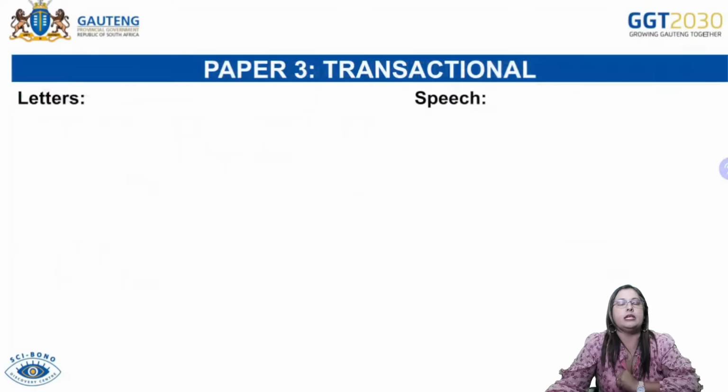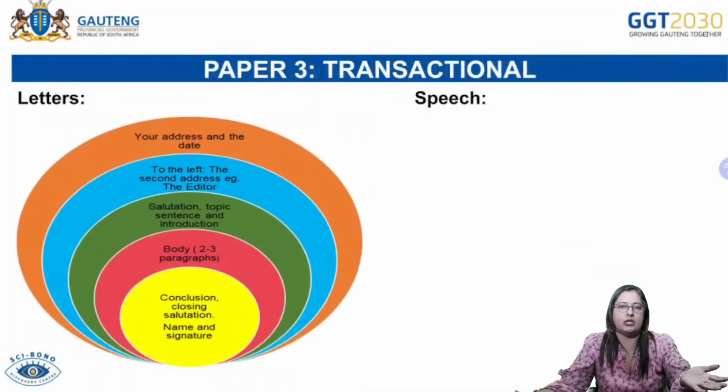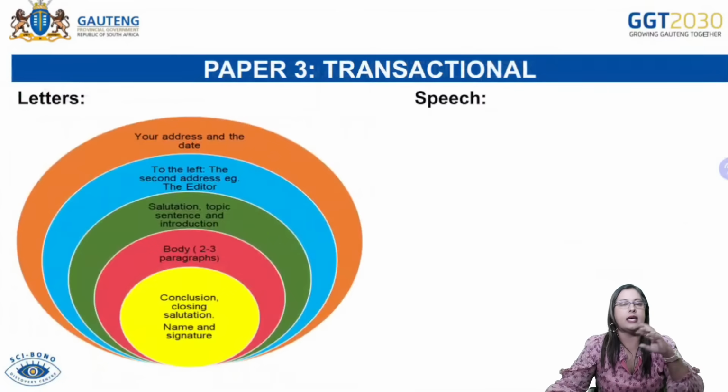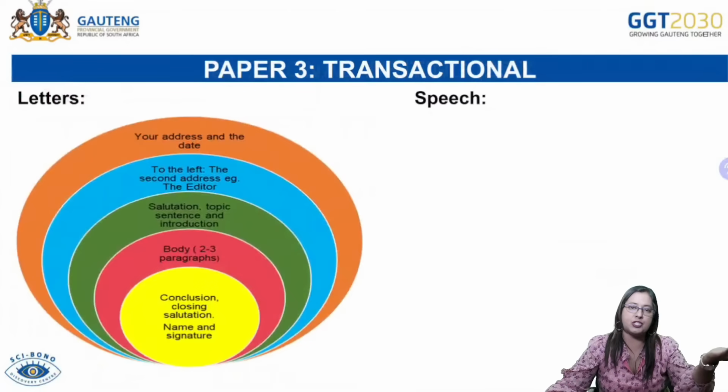Good. Then, if you're looking at what are we talking about in terms of the expectations of each of them, the letters I did mention to you, your address and the date. The next part to the left is the second address, and then there it's to the editor or the manager of a company, for example, depending on whether you're doing the letter of complaint or the letter to the press, okay?